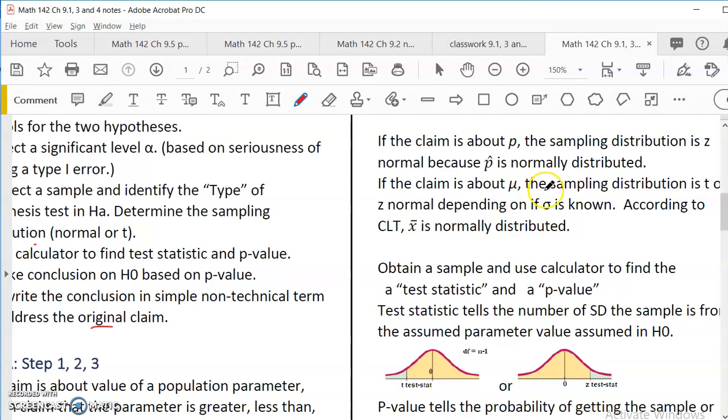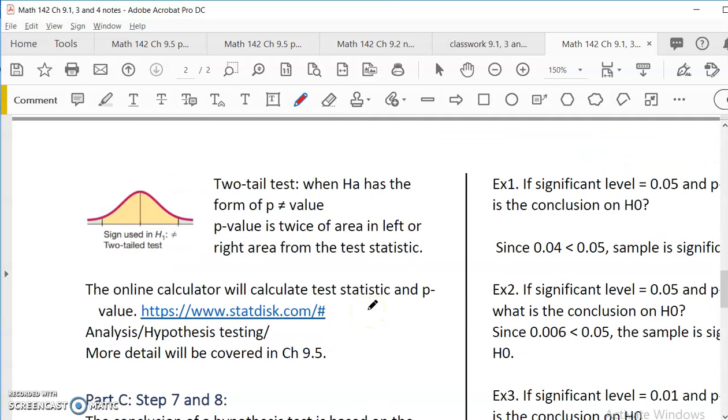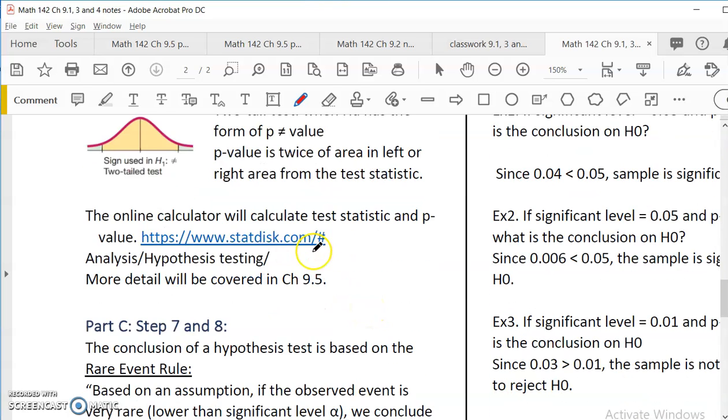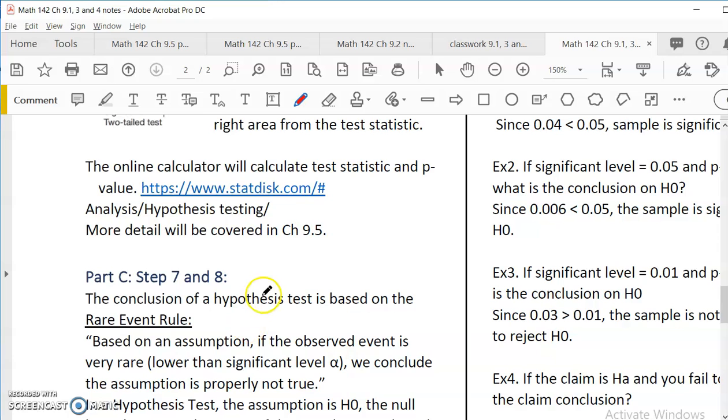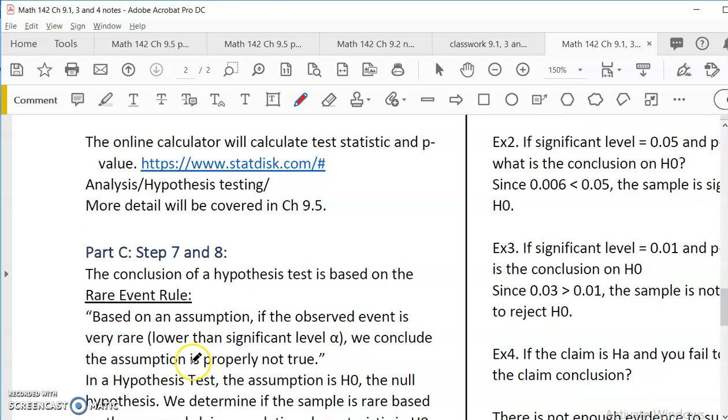If we have a sample about the sample mean, then the sample mean is normally distributed if sigma is known. But if sigma is not known, we use the t distribution. So after we do that, then we will be doing our conclusion, right? So we'll talk about the conclusion in the next video.